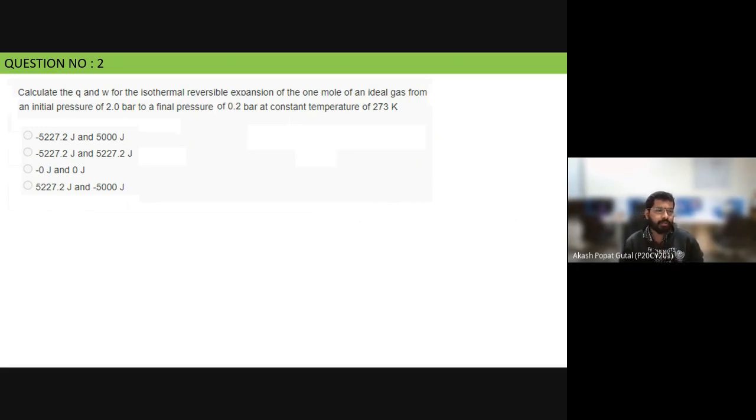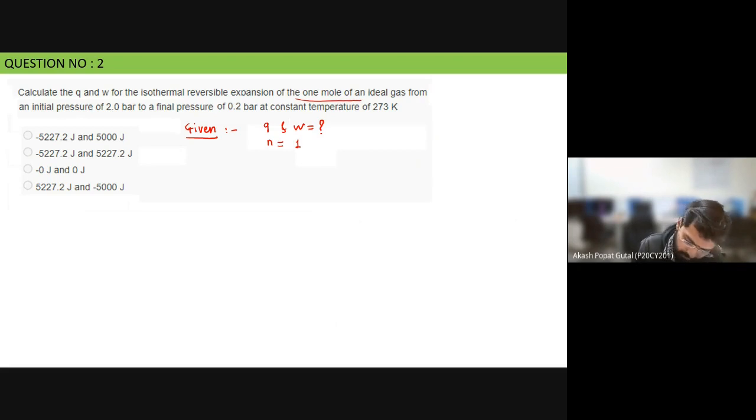So we need to find out Q and W. It's given that it's an isothermal reversible expansion. So we'll take out what things are given. We need to find Q and W. The number of moles n is 1, for an ideal gas.